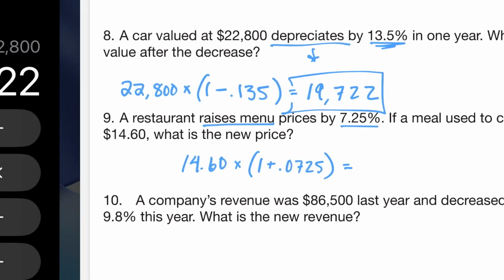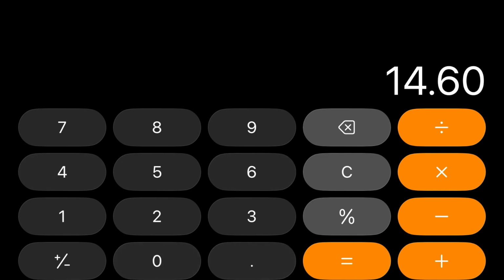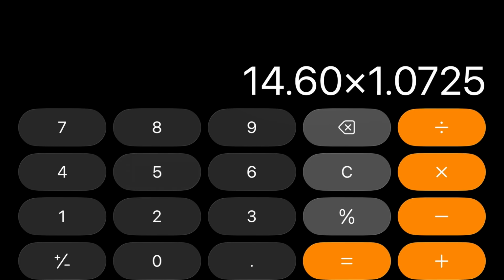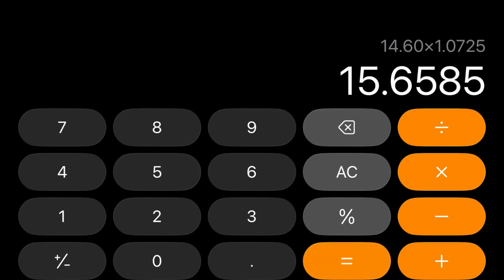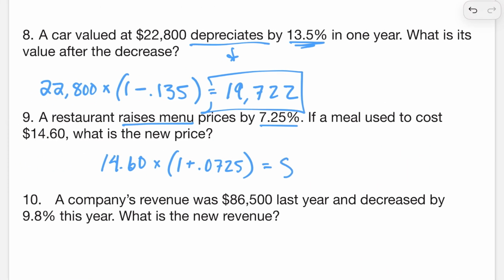We got 14.60 times 1.0725, and that gets us our answer of 15.66, a rounded answer. That's the cost of the new meal.